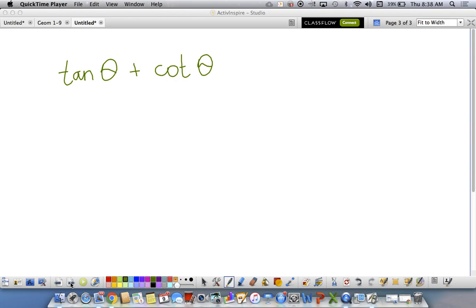What if I asked you to add tan theta plus cotangent theta, but I want them in terms of sine and cosine? So I want you to add this, but give the answer, how do they say it? Write tan theta plus cotangent theta in terms of sine theta and cosine theta, and simplify.